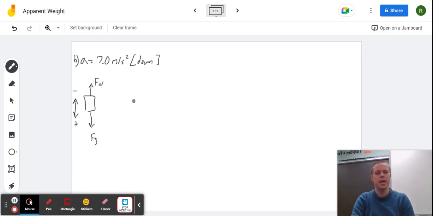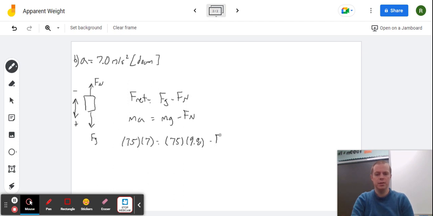The net force is going to be the force of gravity minus the normal force. Net force is m times a, and Fg is mg. So we get 75 times 7 equals 75 times 9.8 minus the normal force.